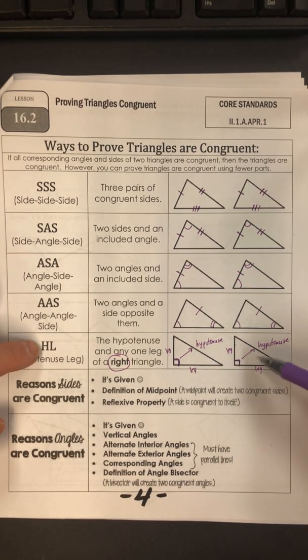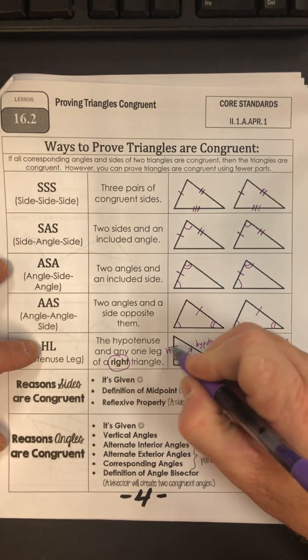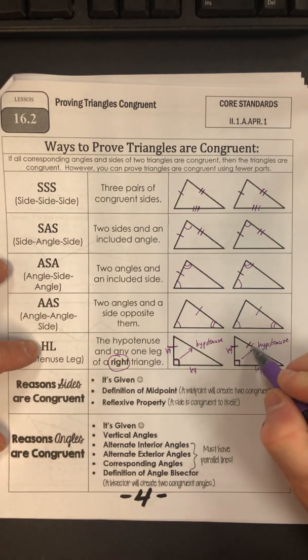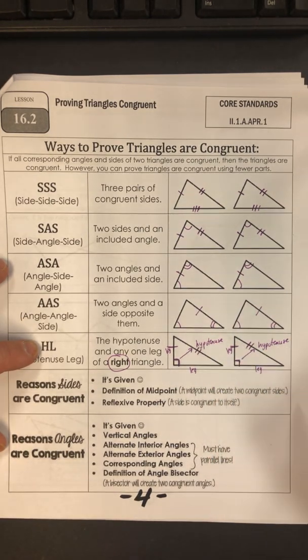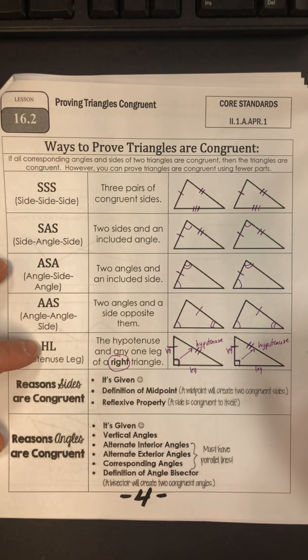So hypotenuse leg means that you have one side, one of the legs, so let's just say like this one, and the hypotenuse. Okay, and it must be a right angle, because this is two sides and an angle. So we don't do side, side, angle, or angle, side, side.